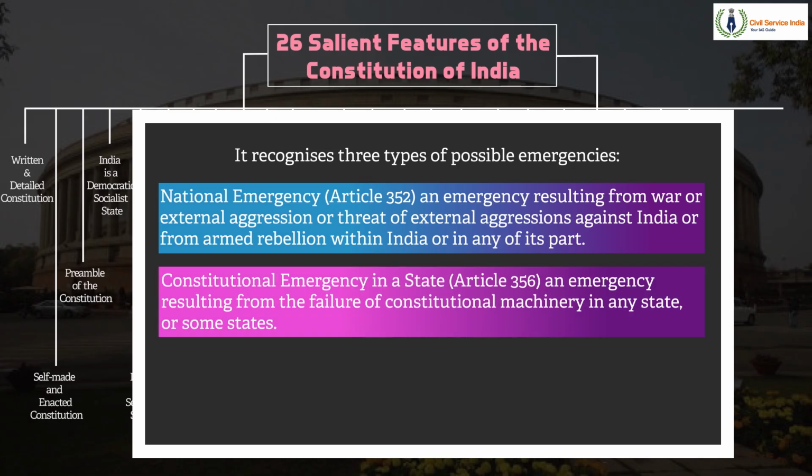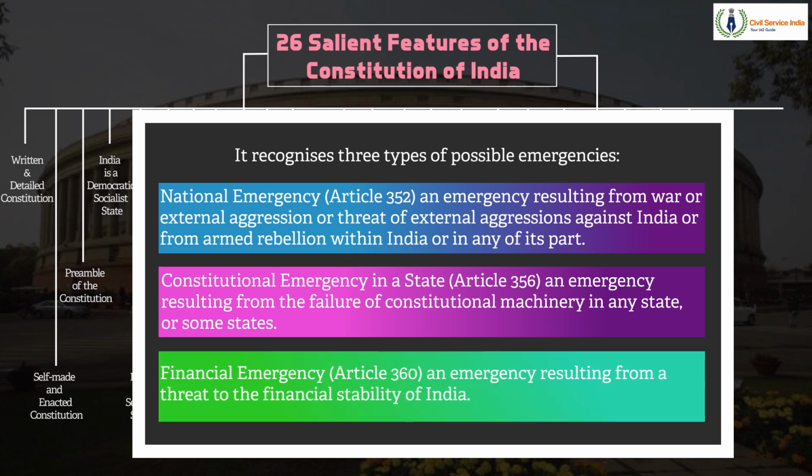Constitutional emergency in a state, Article 356, an emergency resulting from the failure of constitutional machinery in any state, or some states. Financial emergency, Article 360, an emergency resulting from a threat to the financial stability of India.